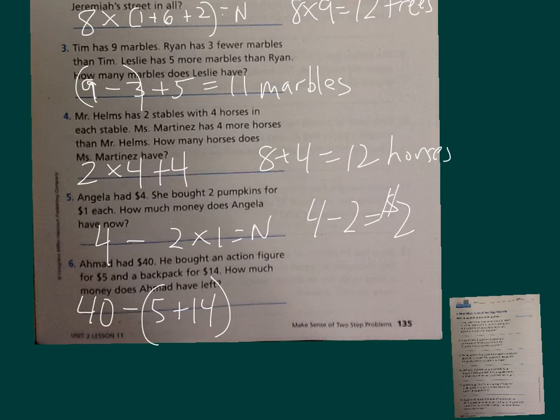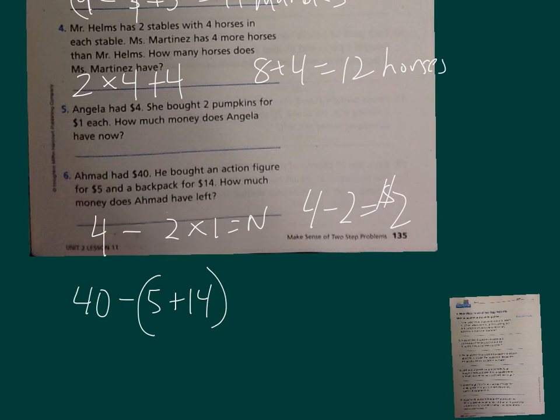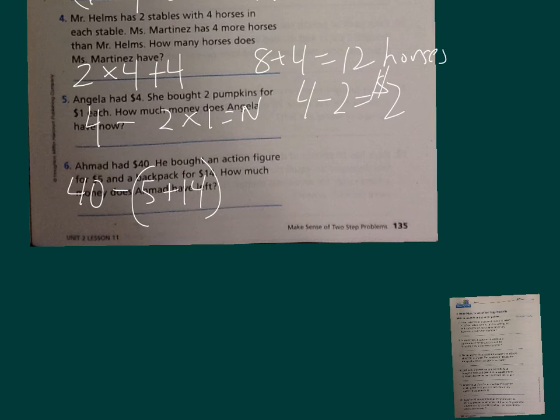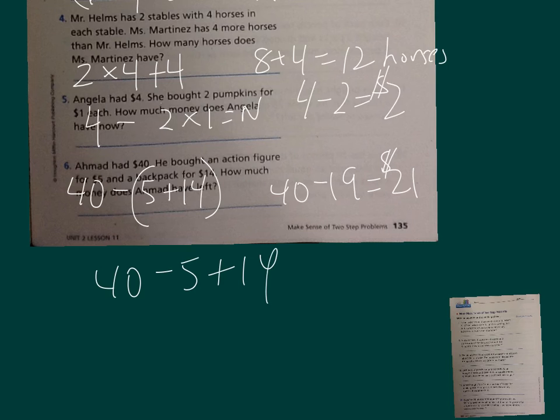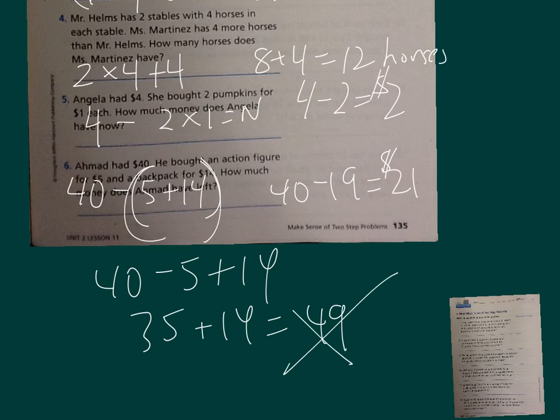Because if you don't, I'll show you why you definitely need to do that. Because this gives you 40 minus 19, which equals $21. But if you don't put those in parentheses, you're going to do 40 minus 5 plus 14. You're going to do 40 minus 5 to make 35. Then you're going to add 14 to equal 49. And that would not be the right answer. So make sure you put these in parentheses to separate the fact that that's how much he spent. So he started with $40, then he spent 5 and spent 14. So you add those two together to make it, he spent 19, then you take 40 minus 19.